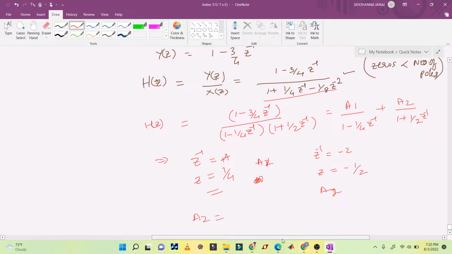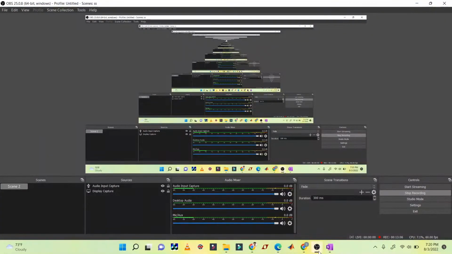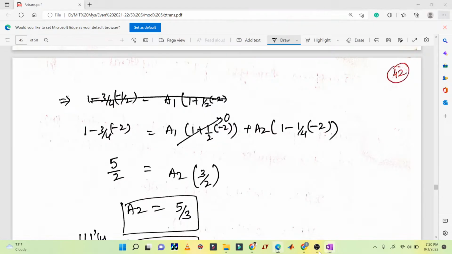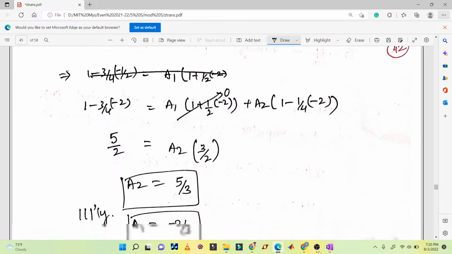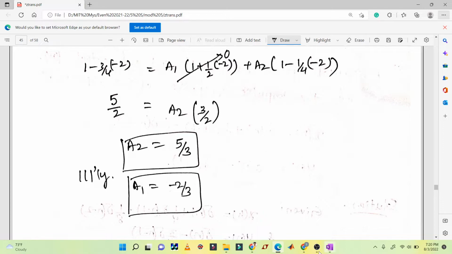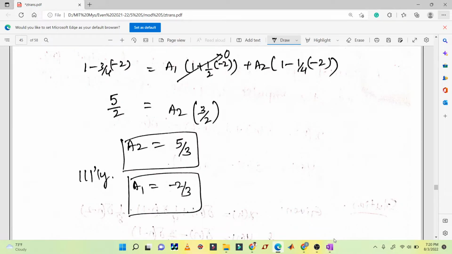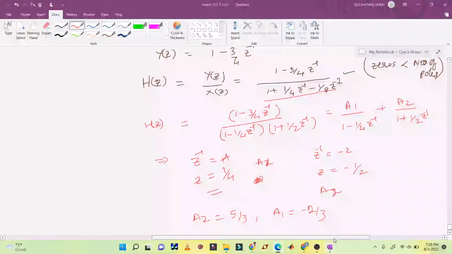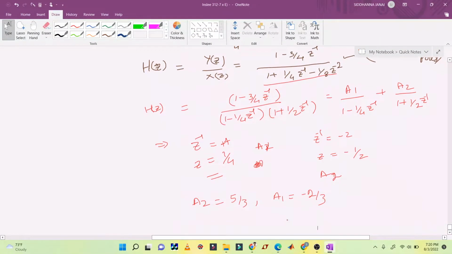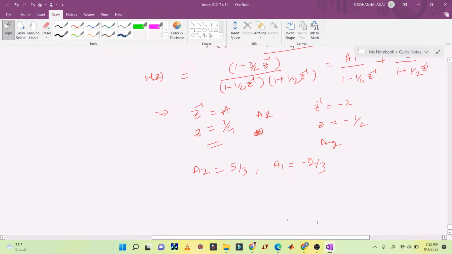So a2 will be 5 by 3 and a1 is minus 2 by 3. a2 is 5 by 3, a1 is minus 2 by 3. Okay, I hope you are understanding. If you find anything difficult, let me know at this stage itself.